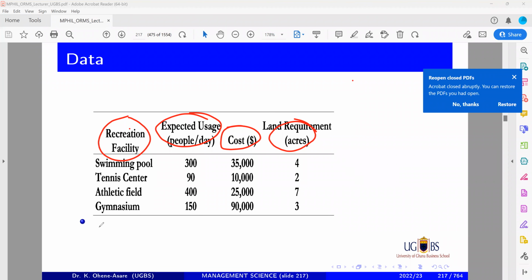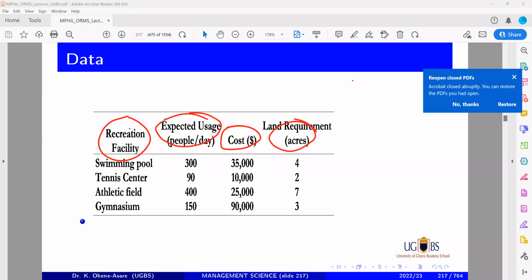If you look at this list here, the number of people is increased in which facility? You can tell me. Under which facility do we have a higher number of people? You can type it there, or you can raise your hand.